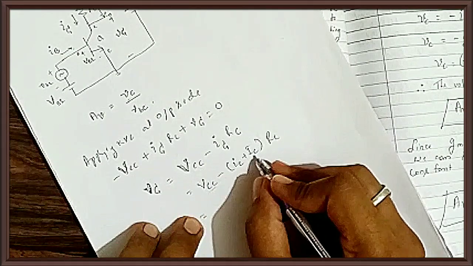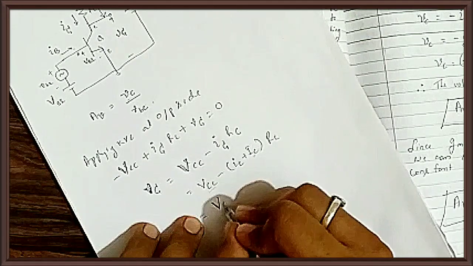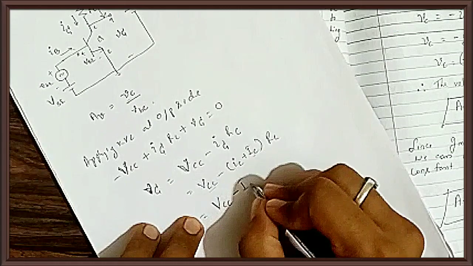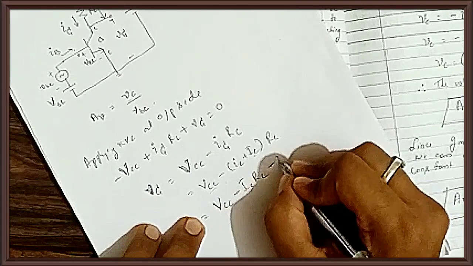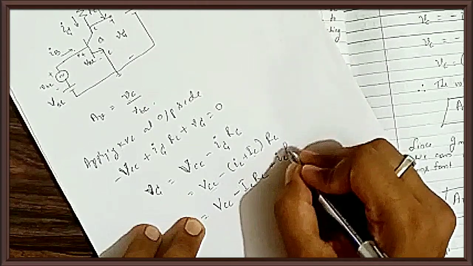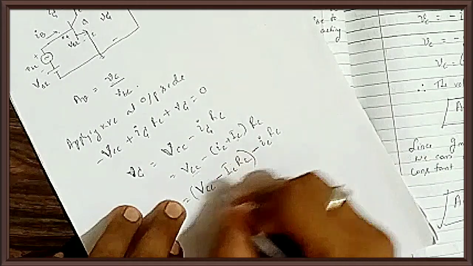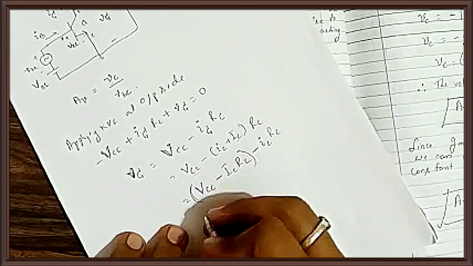VCC, this capital IC and RC, correct? So I'll write the DC terms on one side: VCC minus capital IC into RC will be one term. What am I left with? Minus small IC into RC, right? Out of which the first term is a DC term and this term will be my small signal term, correct?